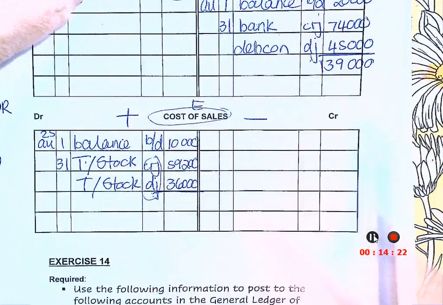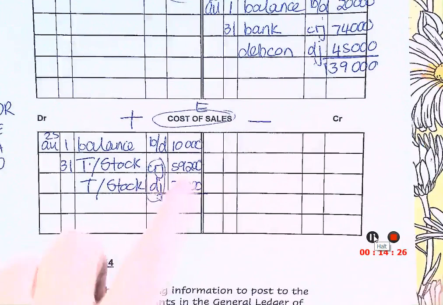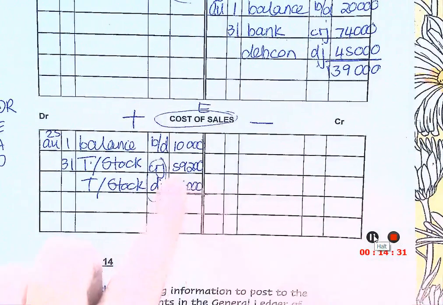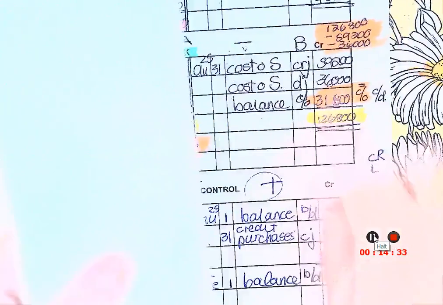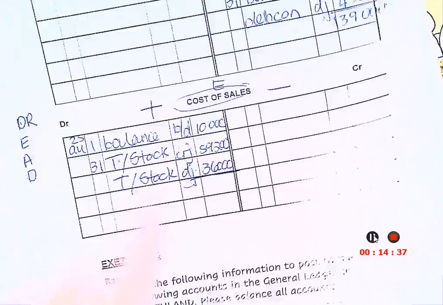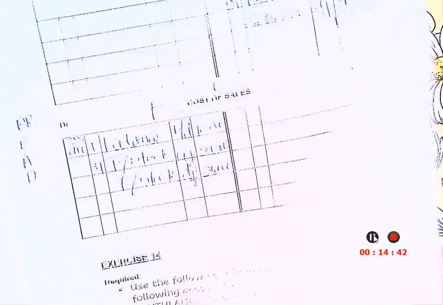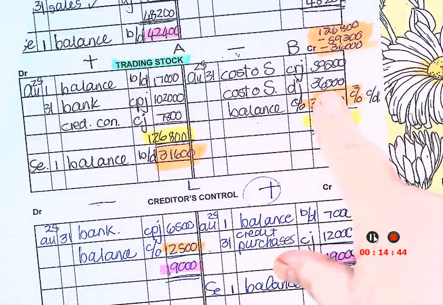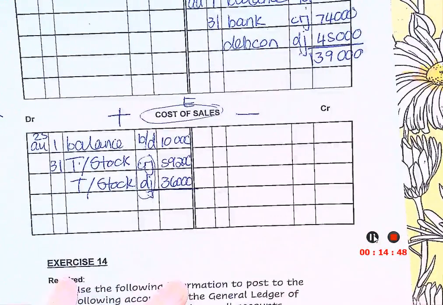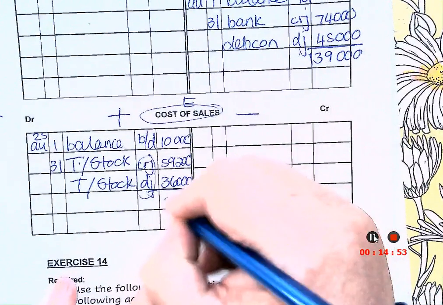I also want you to see, can you see the CRJ in the cost of sales is 59,200? If I go to trading stock, can you see 59,200? The cost of sales in the DJ here, can you see it's 36? Can you see in the trading stock there, 36? Okay. And now I just total and I get what? 105,200.